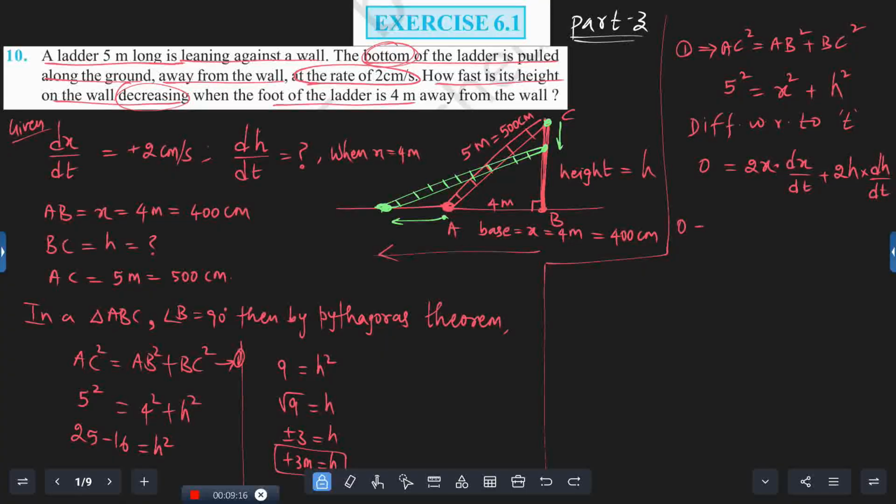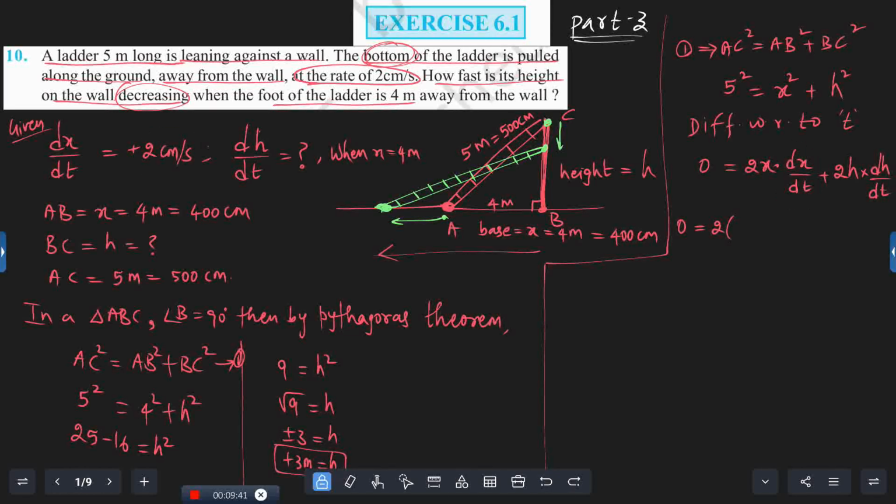Now whatever values you know, substitute them. So 0 is equal to 2 into the x value. What do we have? 4, but don't substitute 4. The dx by dt value we have in centimeters, so when you use a centimeter value, the other values must also be in centimeters. Means 4 meters we should write as 400 centimeters. Be careful. So 400 centimeters we have to substitute here.